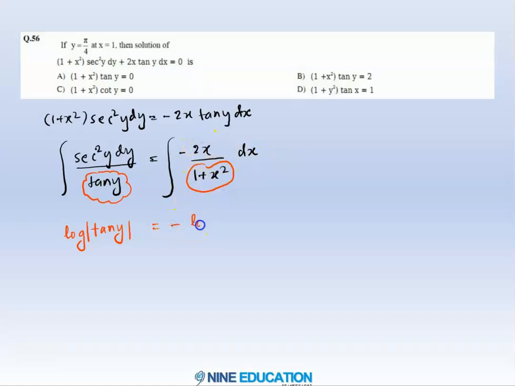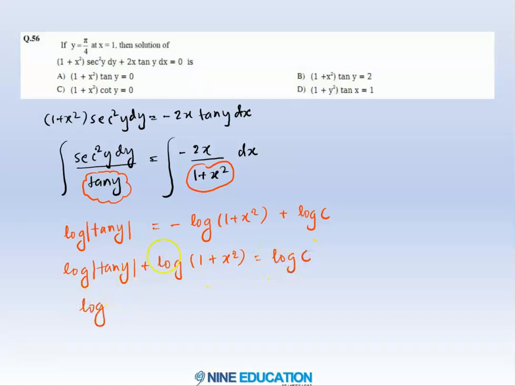So again I can say that this is log of 1 plus x square. Since all the terms are of log, I can say my constant also as log c, and therefore this becomes log of tan y plus log of 1 plus x square is equal to log c.